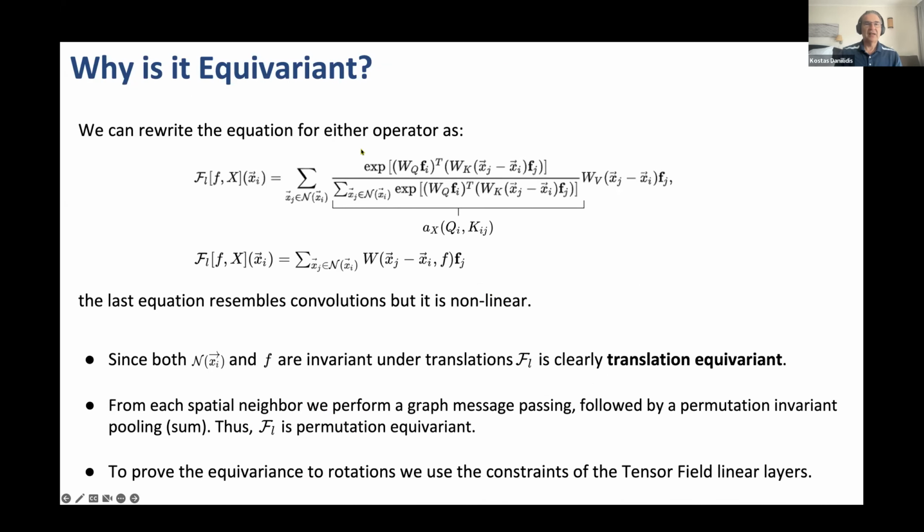So if we rewrite the whole operator after multiplying with the value matrices, it looks like this. Because of the difference of the vectors, this is translation equivariant. The neighborhood where we sum up is also invariant under transformations. And we just have to see whether it is equivariant to rotations.